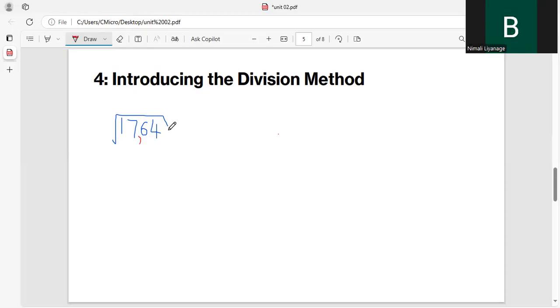Find the largest number. As step 2, we should find the largest number whose square is less than or equal to the first group. 17 is the first group. Now we should find the largest number whose square is less than or equal to the first group, less than or equal to 17.